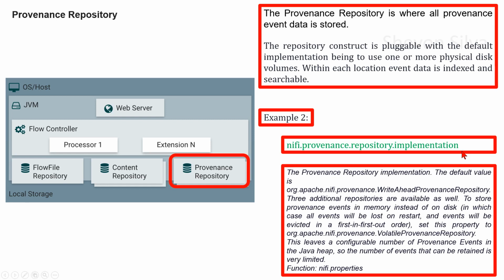To store provenance events in memory instead of on disk, in which case all events will be lost on restart and events will be evicted in first-in-first-out order, set this property to org.apache.nifi.provenance.VolatileProvenanceRepository. This leaves a configurable number of provenance events in the Java heap, so the number of events that can be retained is very limited.